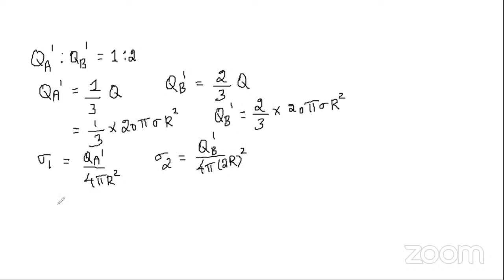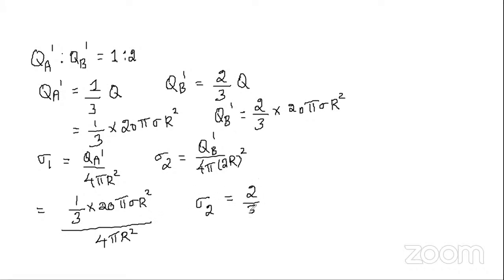So sigma 1 will be 1 by 3 into 20 pi sigma r square whole divided by 4 pi r square, and sigma 2 will be 2 by 3 into 20 pi sigma r squared whole divided by 4 pi into r squared.